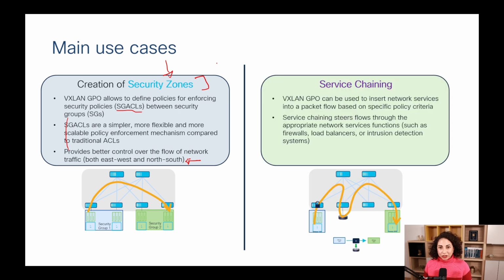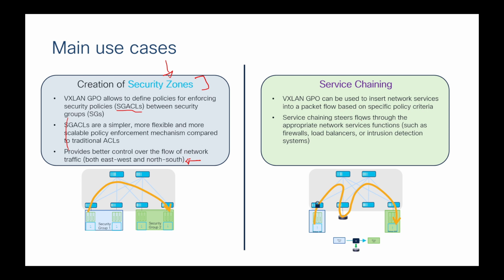So this is the first use case, the creation of security zones. And actually there is a second use case, which is also quite sexy. It is the service chaining. So VXLAN GPO can be used to insert network services into a packet flow based on specific policy criteria. Service chaining steers flows through the appropriate network services functions, such as firewalls, load balancers, or intrusion detection systems.